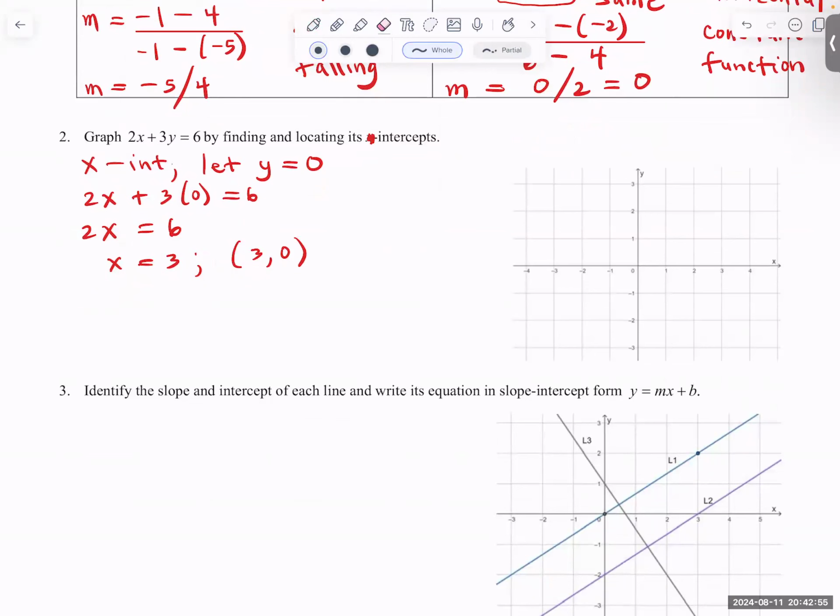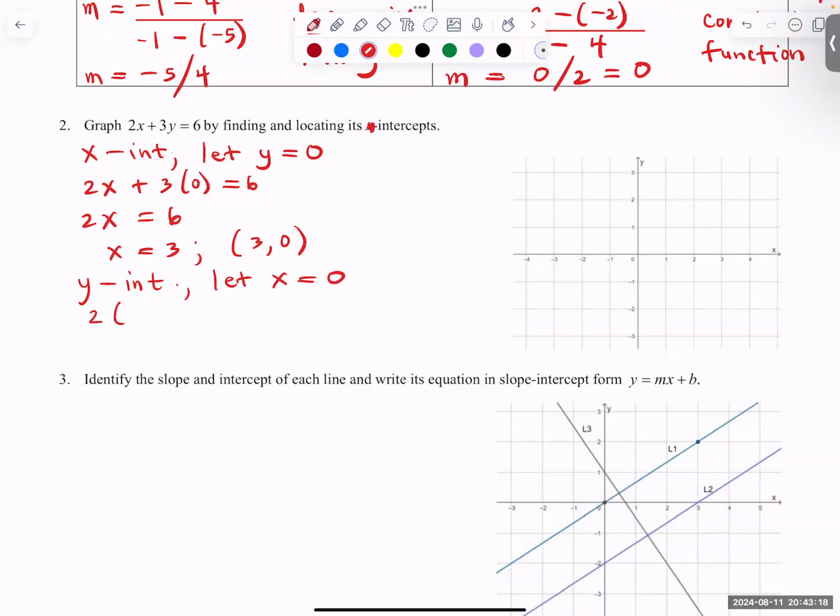For the y-intercept, the graph of an equation will be a line that intersects the y-axis, and the x-coordinate will be 0, so we let x equal 0.